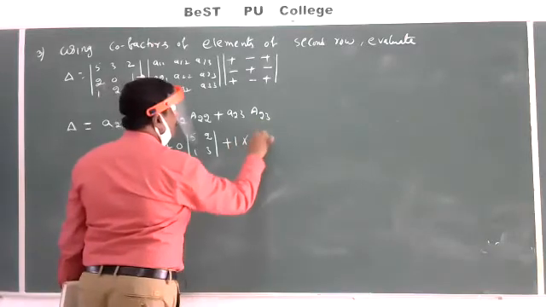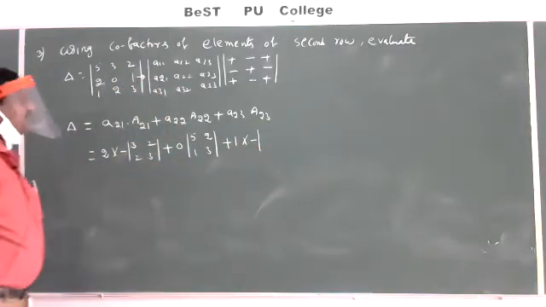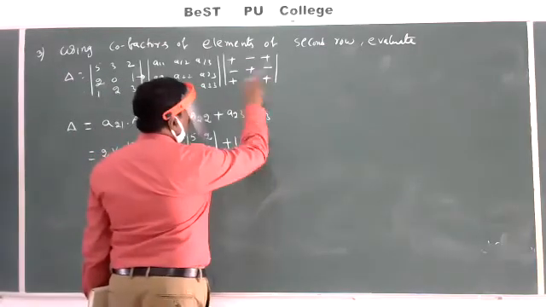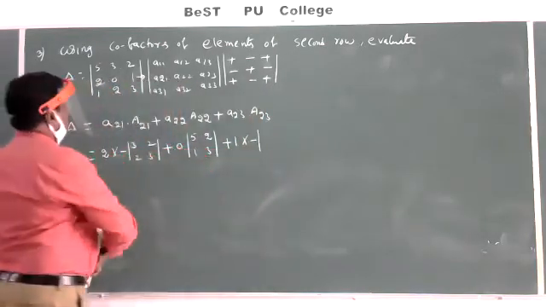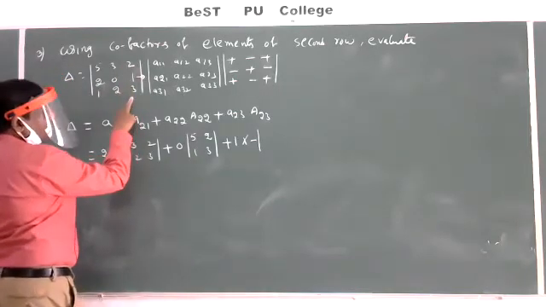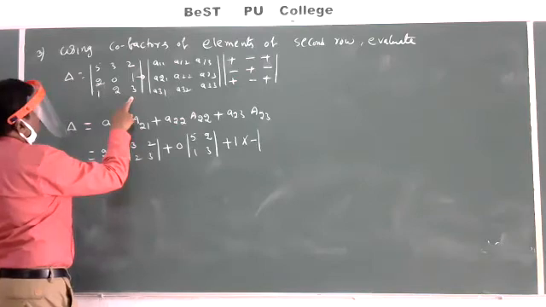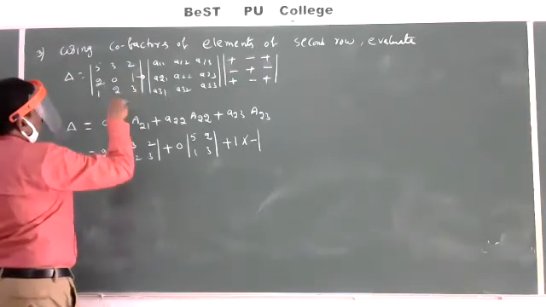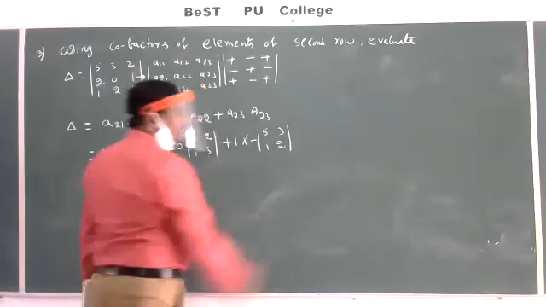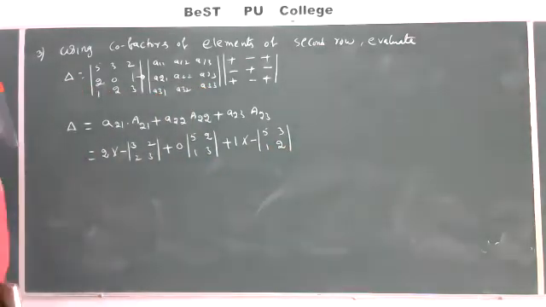Here it is minus, because 2 plus 3 is 5, odd, negative. Leaving the second row and third column, write down the determinant of the remaining elements: 5 3, 1 2.